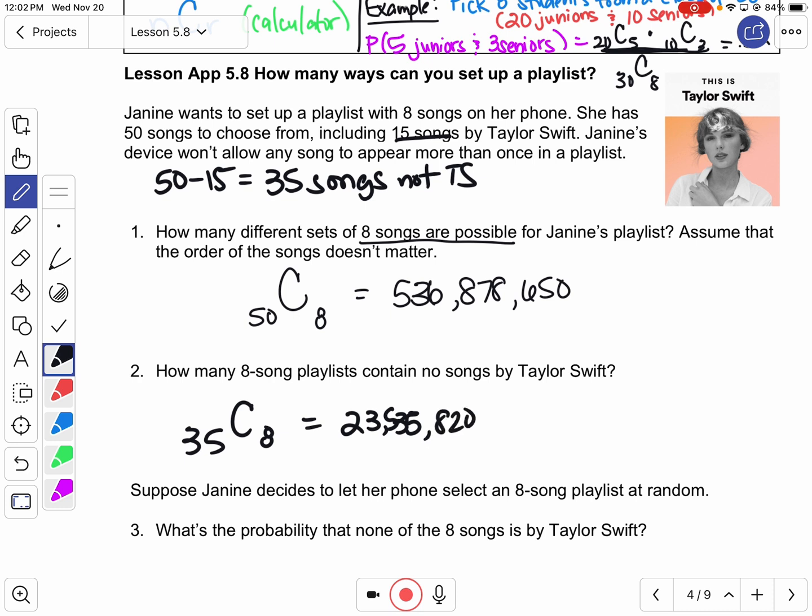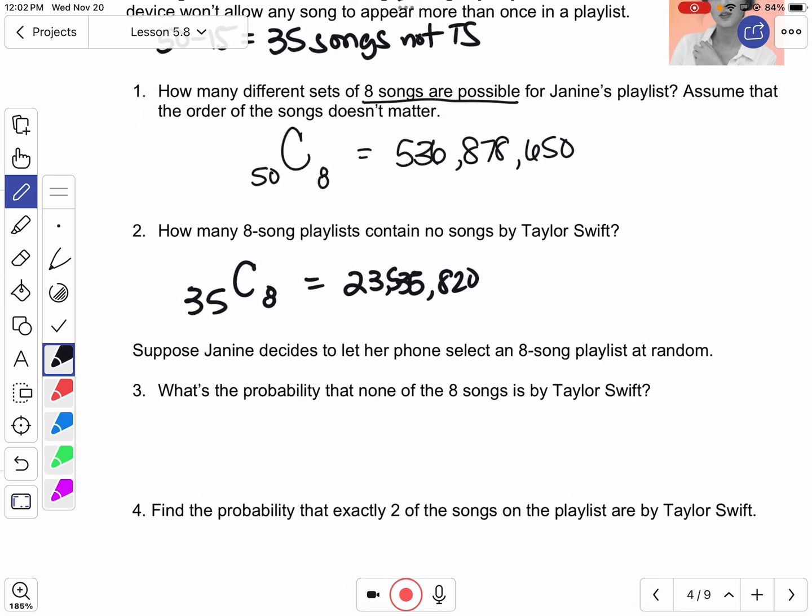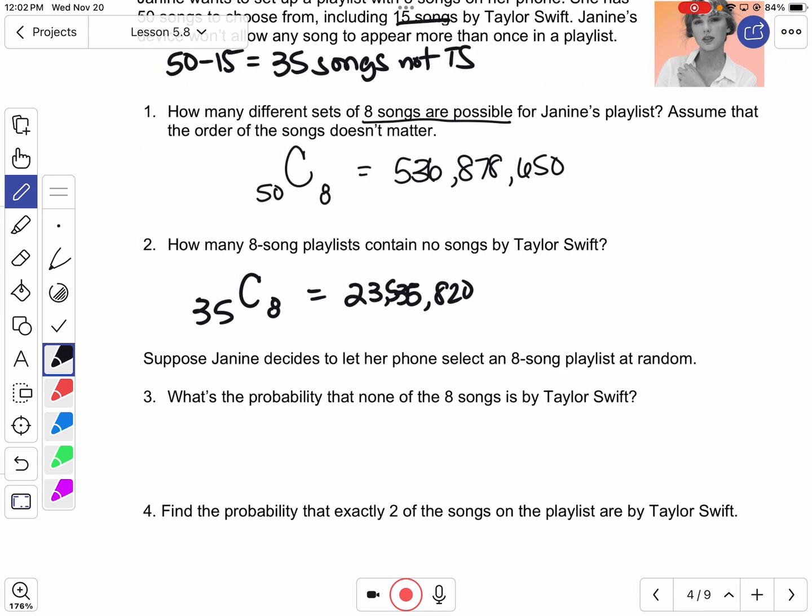Okay, that's a bunch too. Now let's jump into a probability. It says, suppose Janine decides to let her phone select an 8-song playlist at random. What's the probability that none of the 8 songs is by Taylor Swift? Well, good news for us, we've already done the legwork for this. We're looking for the probability that it's not Taylor.